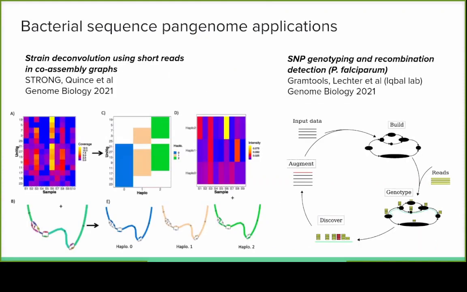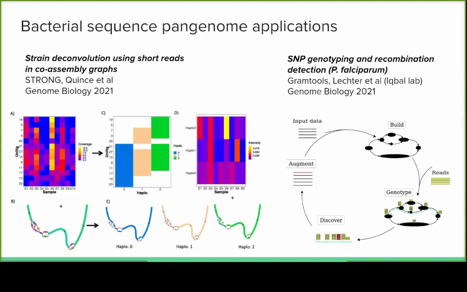This was human, and so on the bacterial side, I like to highlight two applications. One is from Sam's group on the right, RAM tools. You heard it, I think, yesterday, for SNP genotyping and also other things.